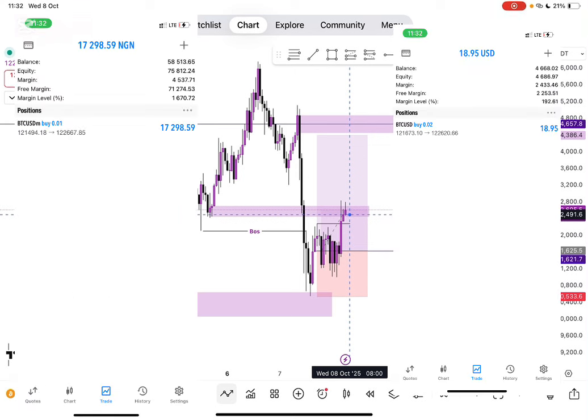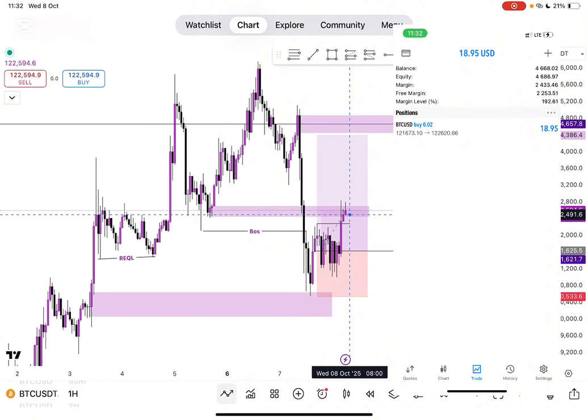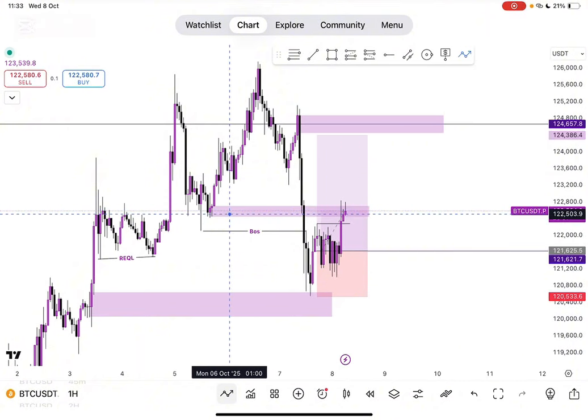We're at 17,400 now. 17,200, and for the profit account it is at 18.9 USD. You understand? But I'm still holding. I'm just hoping for it to break this level that it is at.